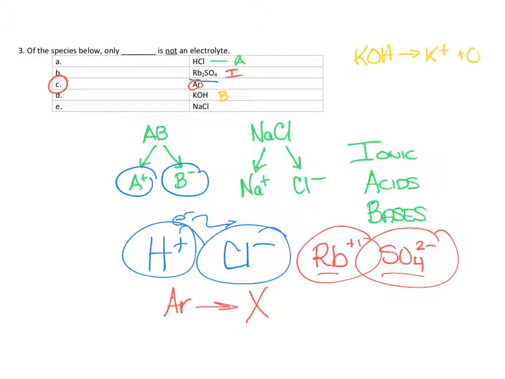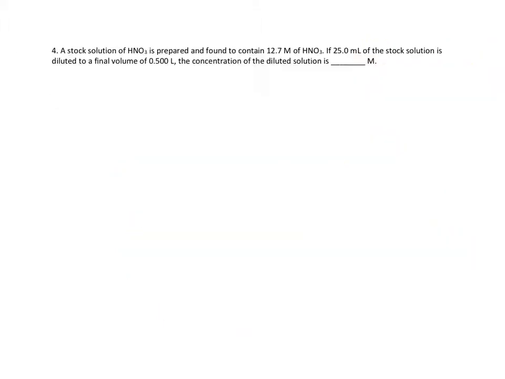You also have a metal with the polyatomic. Potassium ion and hydroxide ion split apart into ions, which will be, in fact, a strong electrolyte when you put it into water. And then finally, sodium chloride I already talked about. Again, ionic compound, metal sodium, non-metal chlorine. Put it into water, you get the ions. So letter C is the right answer.